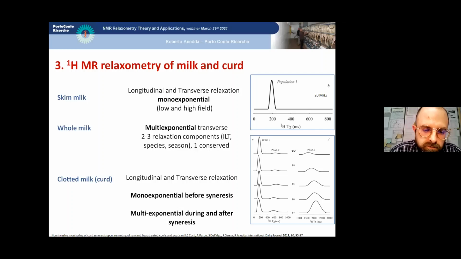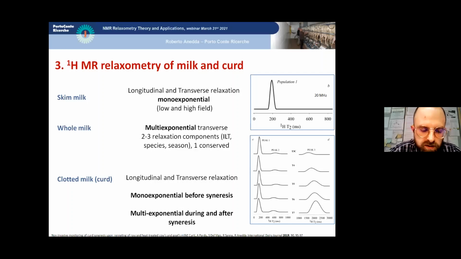In curd, signal decay is still mono-exponential. Even when the gel is completely formed, it is mono-exponential. But it becomes multi-exponential when syneresis begins. This is due to separation of water in the whey from the casein network that is shrinking to form the cheese mass.